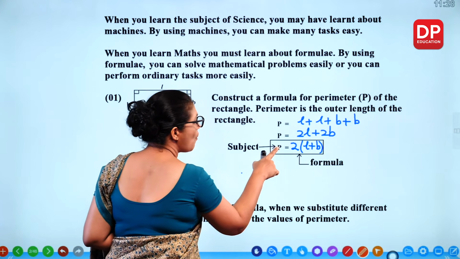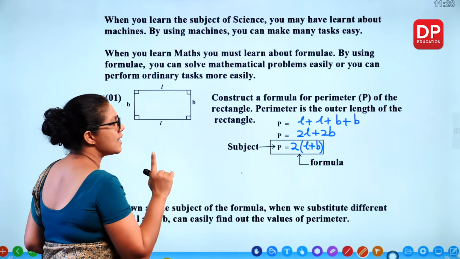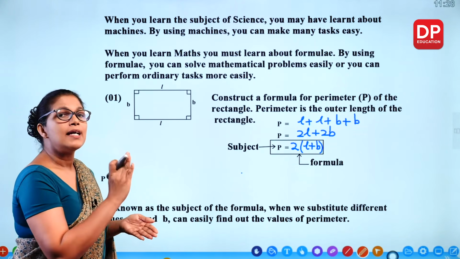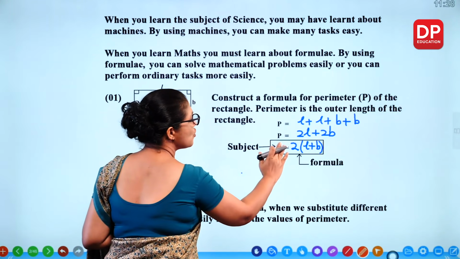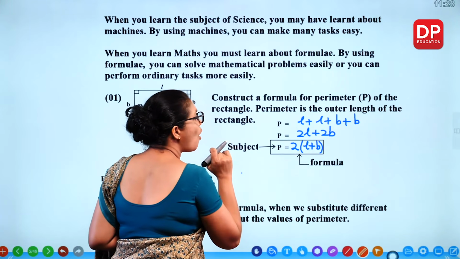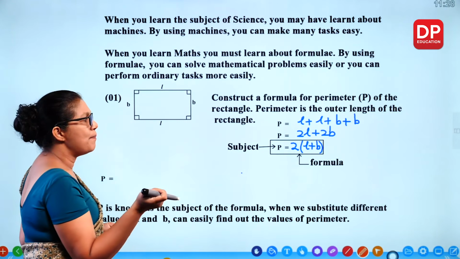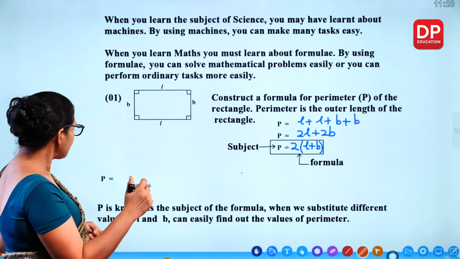What's the subject of the formula? It is P. Normally the subject means the letter on one side. So P is the subject and the formula is written in terms of L and B. L is the length, B is the breadth.